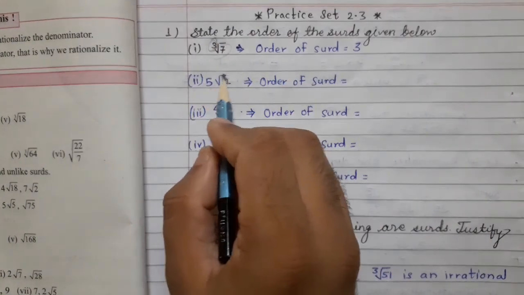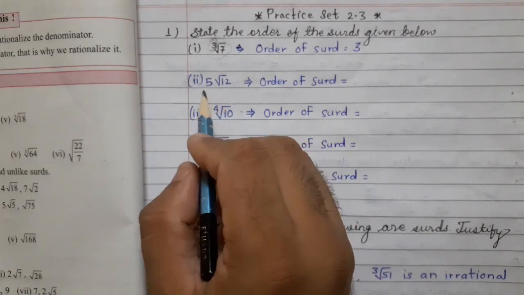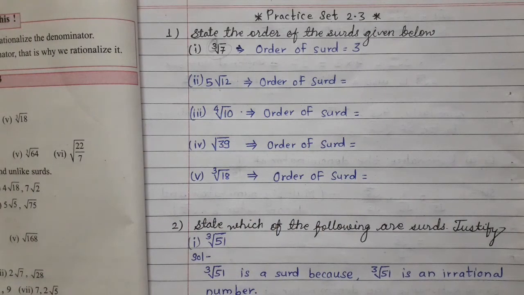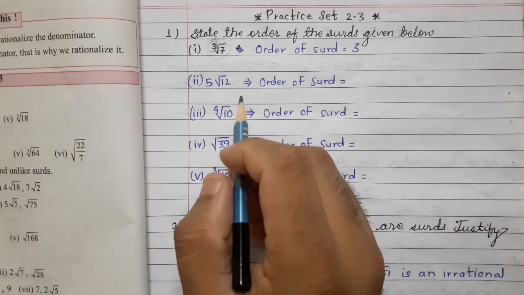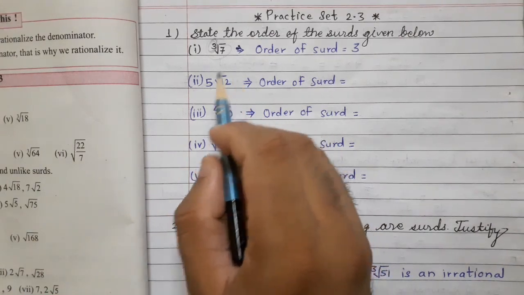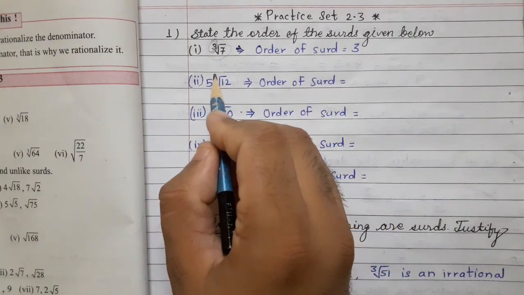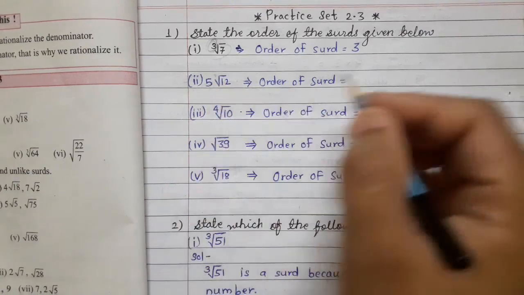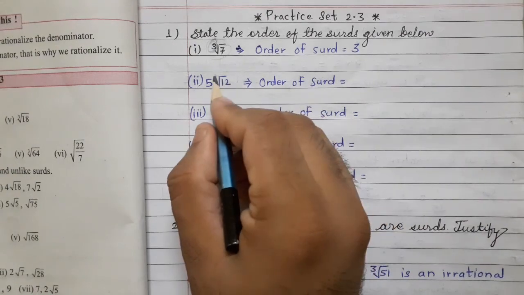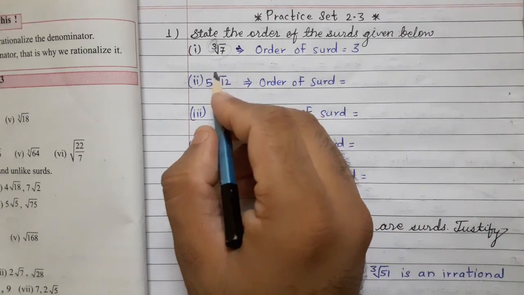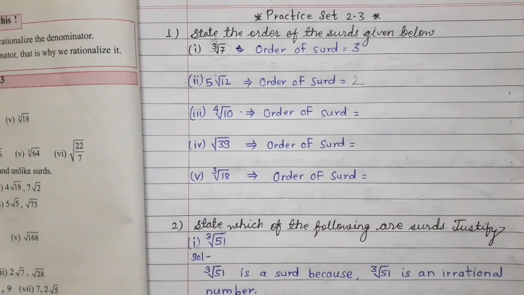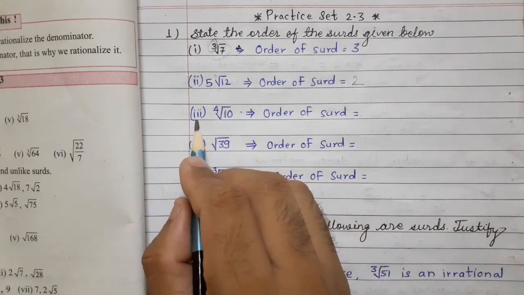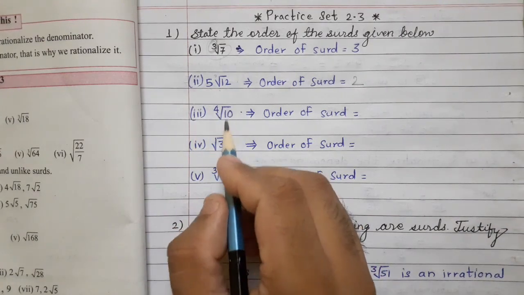Sub question second. 5 multiplied by square root of 12. So here the order of the surd is 2, because square root of 12 is given. So the order of this surd is only 2. Sub question 4. Fourth root of 10.